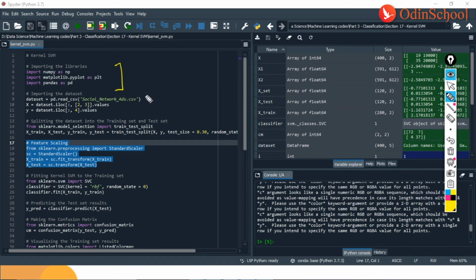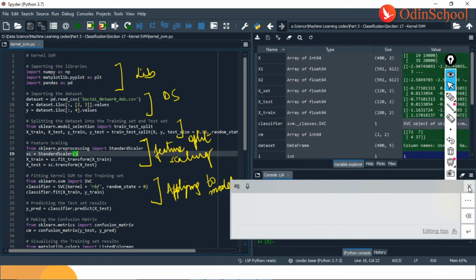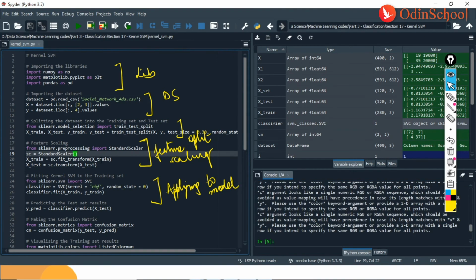It's all the same: libraries, data set, data split, feature scaling, and here we would be applying to model, right guys? So here when we talk about sklearn preprocessing standard scalar, x train would go and fit and transform to the model, while x test would transform itself.